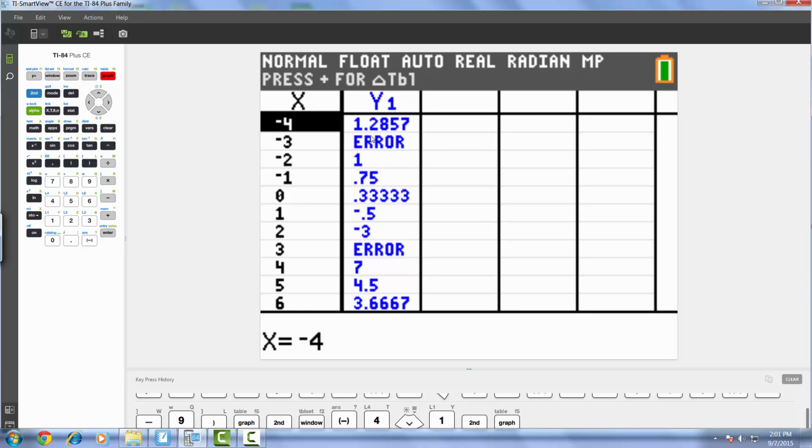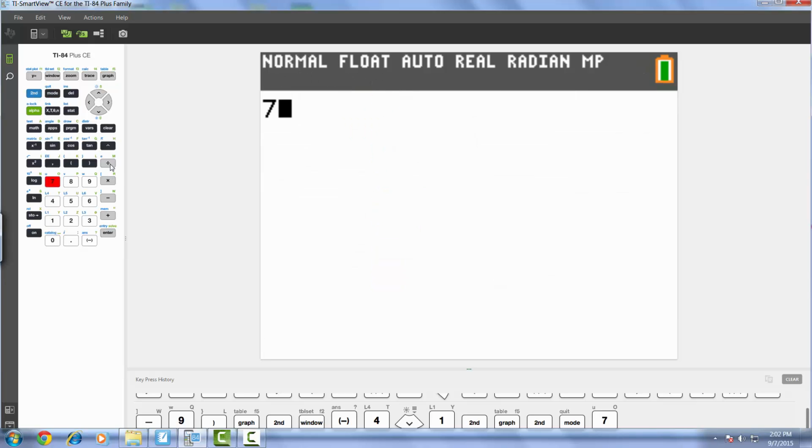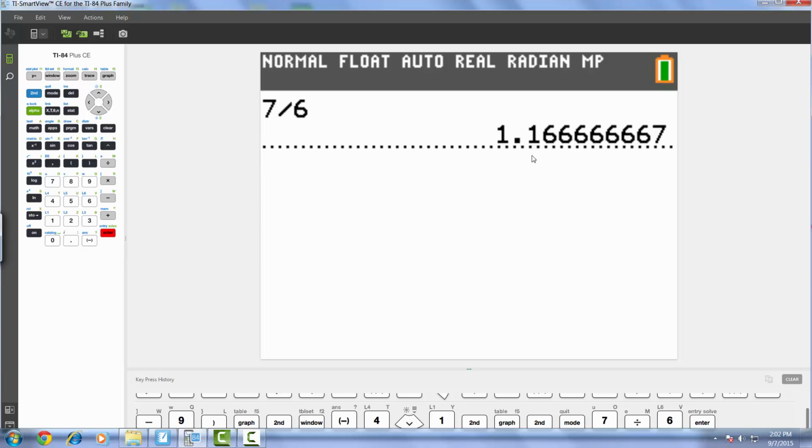We can see that it's between 1 and 1.286. In our calculator, if we hit second, quit, 7 divided by 6 is what we ended up with. We notice that that is in between those two y values that we just looked at.